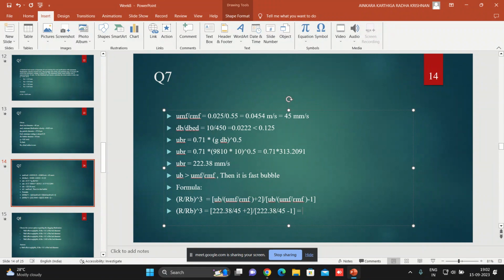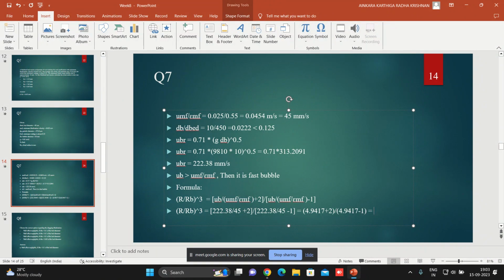What is this? 222.38 divided by 45 is actually 4.9417, plus 2, divided by 4.9417 minus 1.